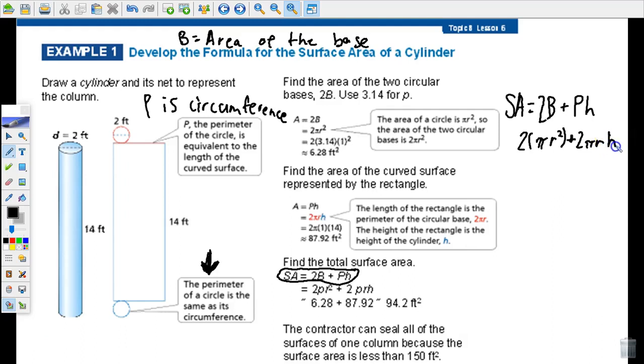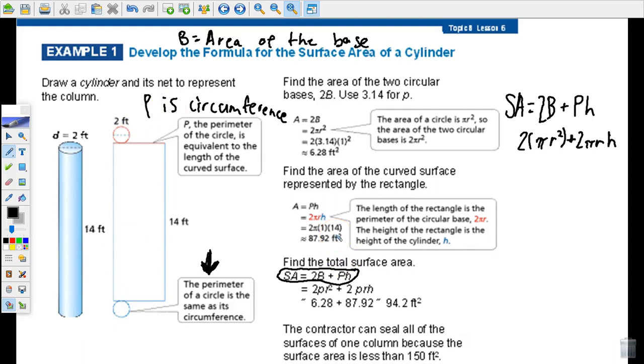And then multiply by h, the height. That h just comes straight down. The capital P is for circumference, so it is 2 pi r. This capital B is the area of a base, so it's pi r squared, and there's a big 2 right here because there's 2 circles that you can clearly see.